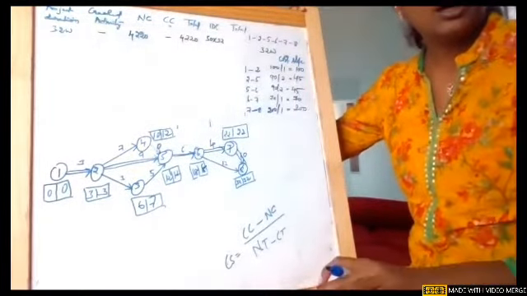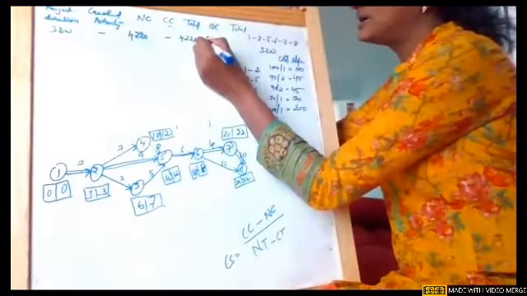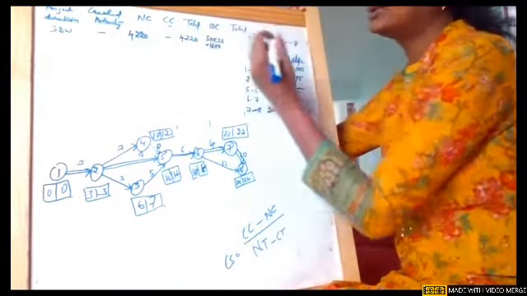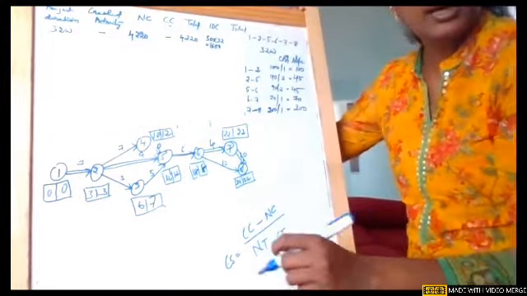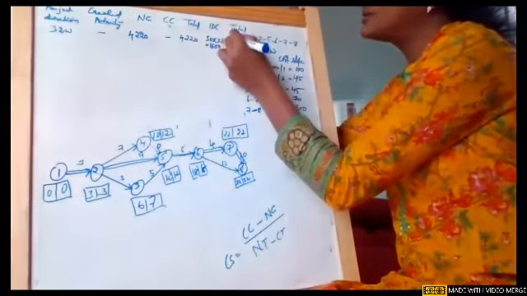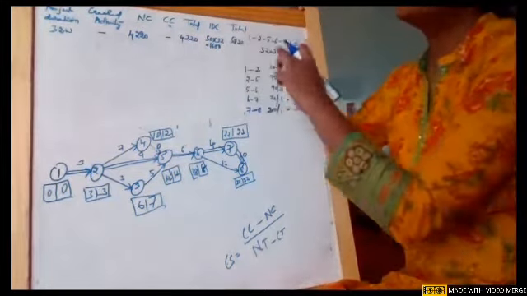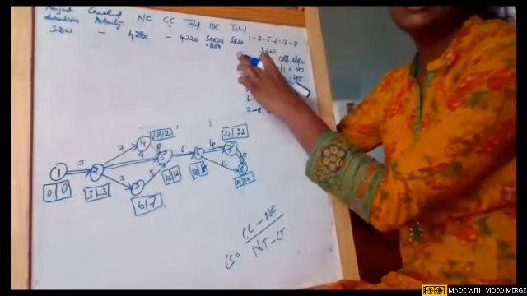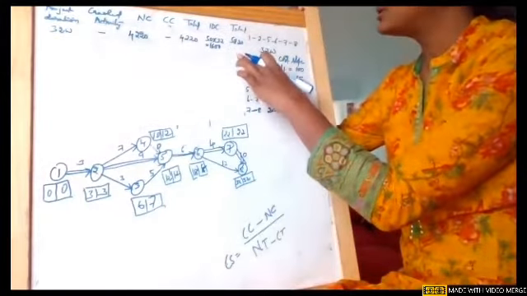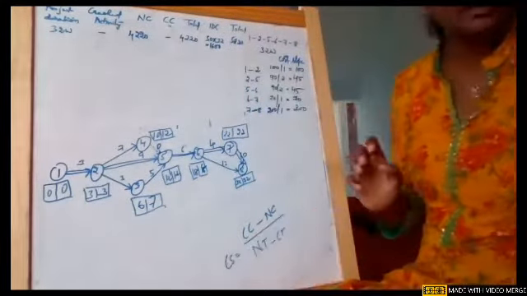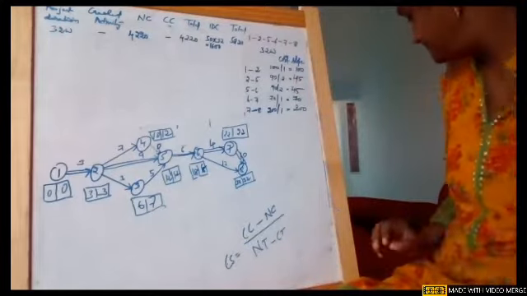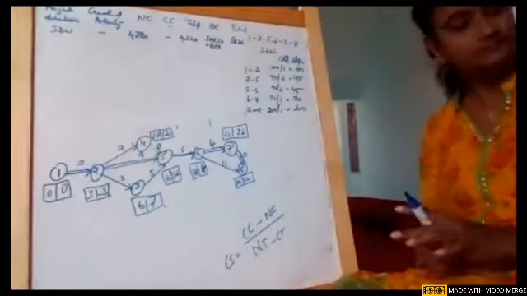So it is 50 into 32 weeks, which is 1600, and the total cost is 5,820. So the first network gave us 5,820 as the total cost. So that is how we came at this particular scenario, girls.